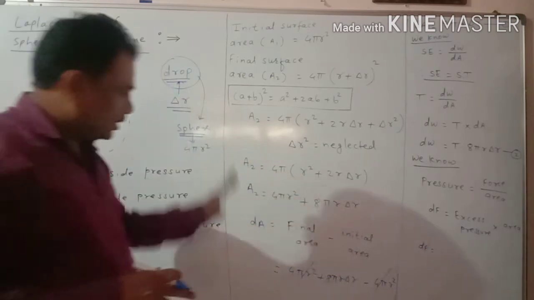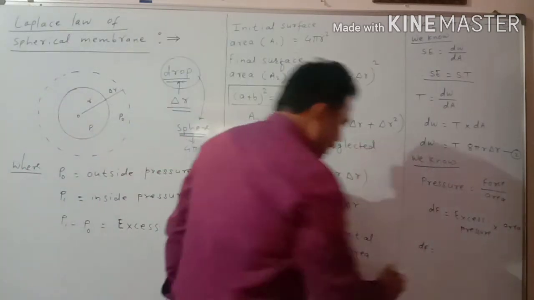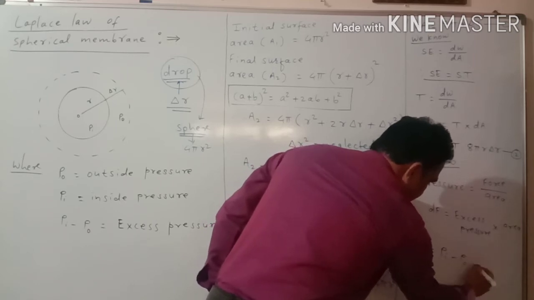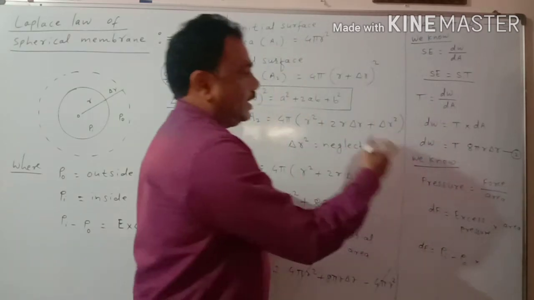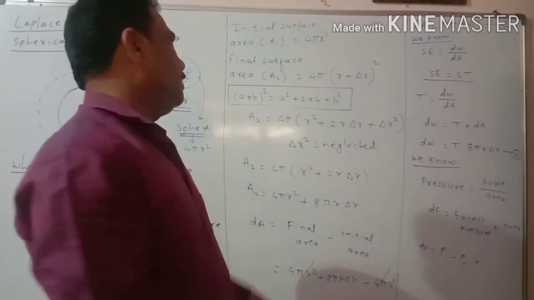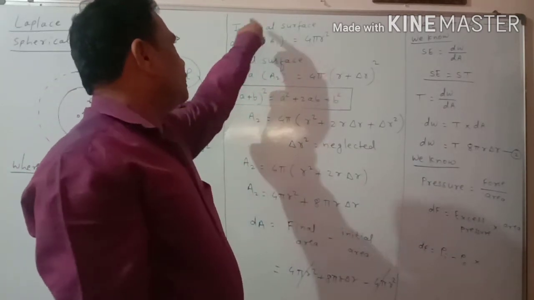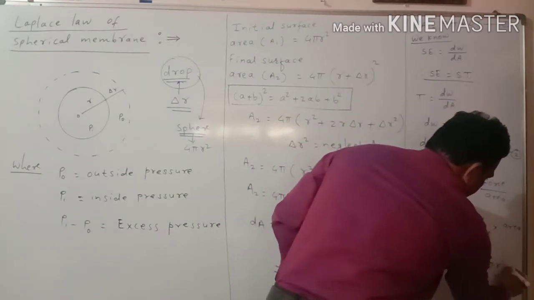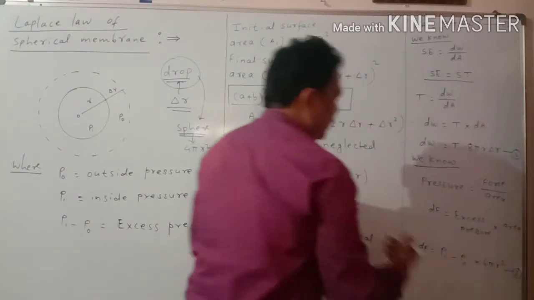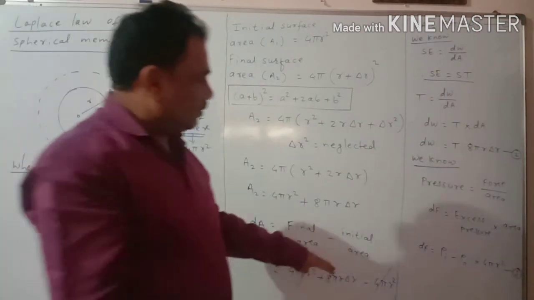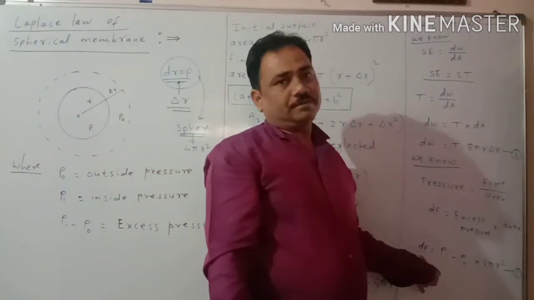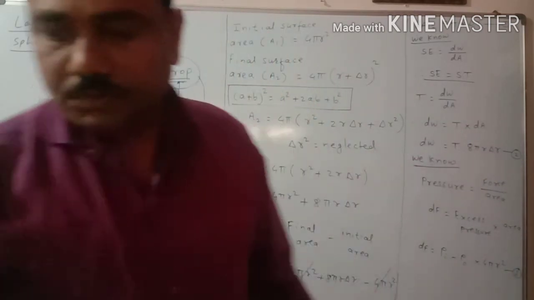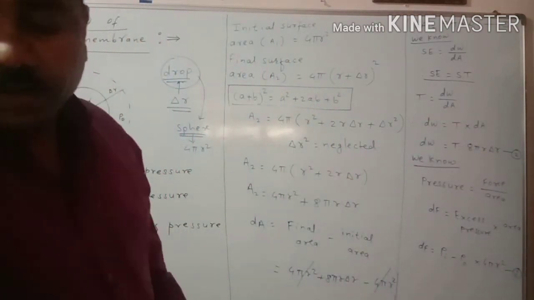So excess pressure is the difference between inside pressure and outside pressure, multiplied by area, because the initial surface area is 4πr². So this is our equation 3. Here we have calculated dF, the excess force. Now see the simple formula to calculate work.